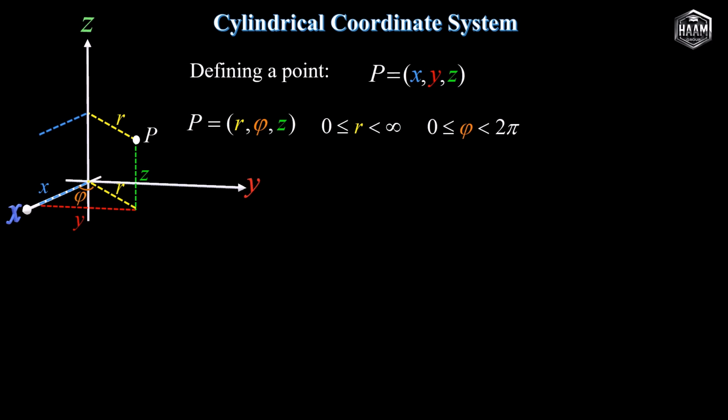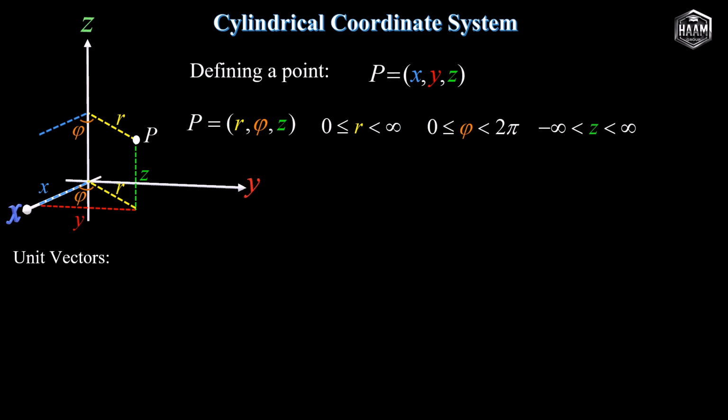As defined previously, z represents the height of the point and ranges from negative infinity to positive infinity. Thus, a point in the cylindrical coordinate system is defined by parameters r, phi, and z.